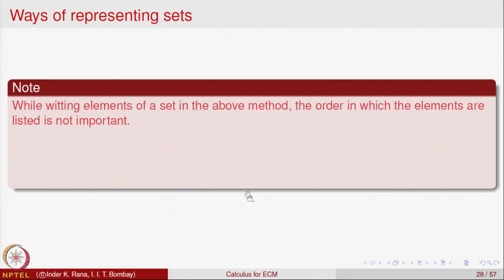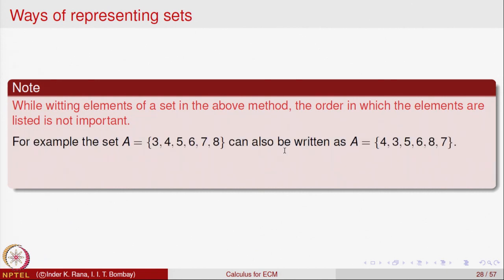Let us note that while writing elements in a set in the above method, the order in which the elements are listed is not important. So, one, when you are listing all the elements of a set, you should not be repeating them, an element should be listed only once. And secondly, it is not necessary that you write in the order which you think is natural. For example, the set 3, 4, 5, 6, 7, 8, this is a set whose members are these.